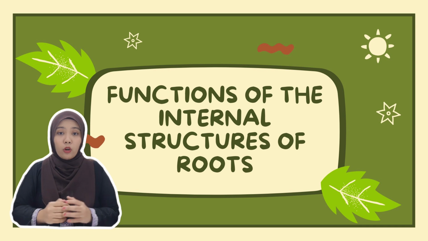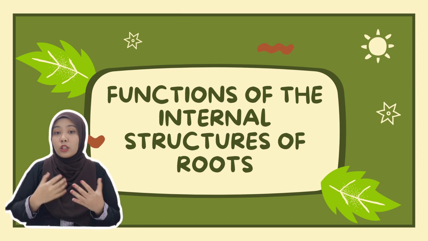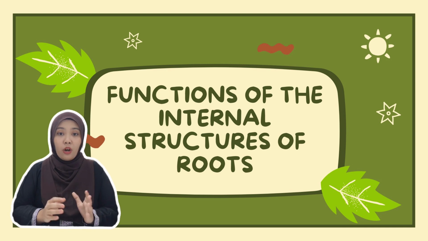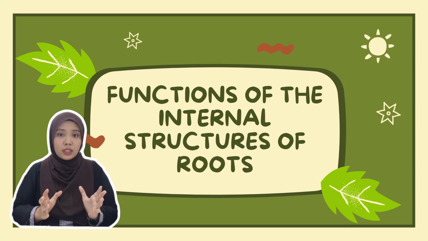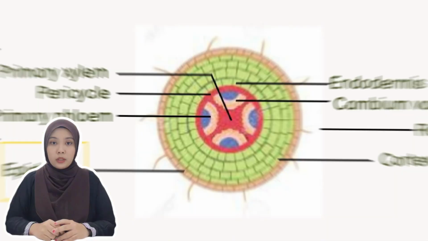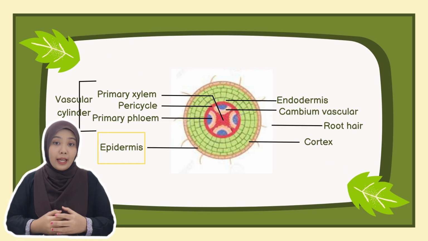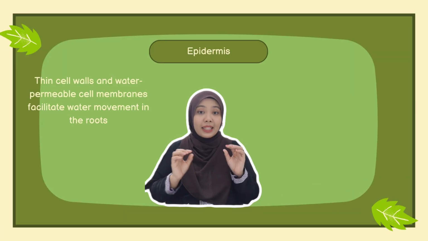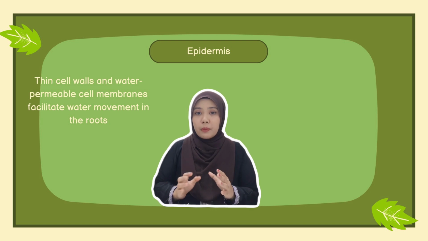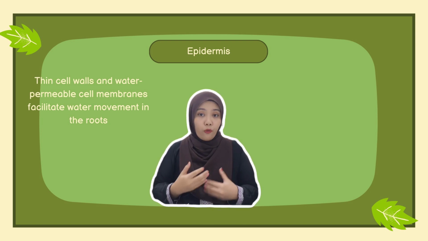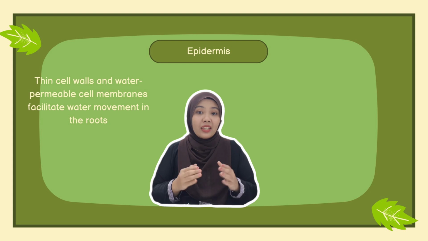Alright students, you already learned the names of the root structures. Now we are going to learn the function of the root structures that students have learned just now. Firstly, let's take a look at the epidermis. It has thin cell walls and water-permeable cell membranes to facilitate water movement in the roots.